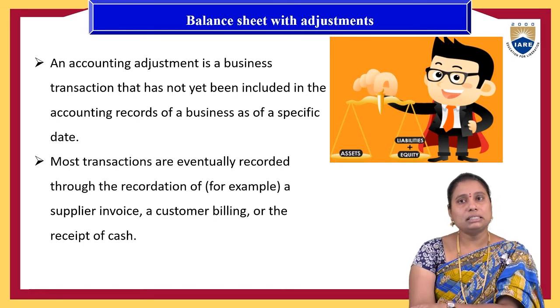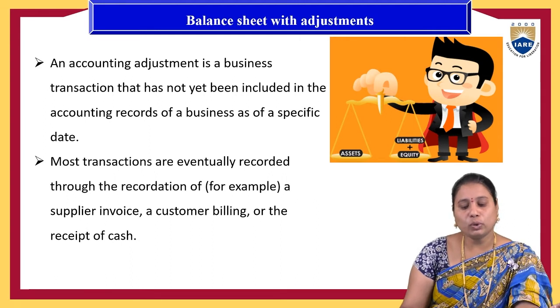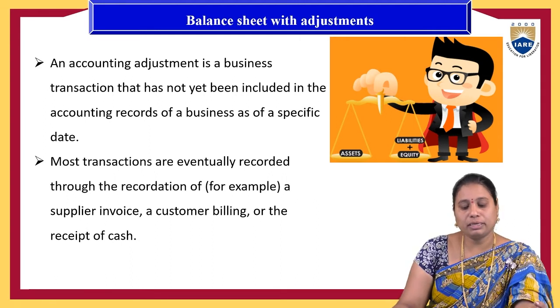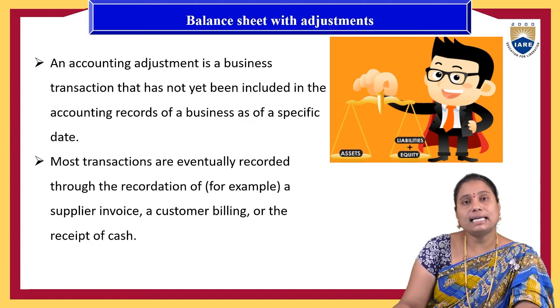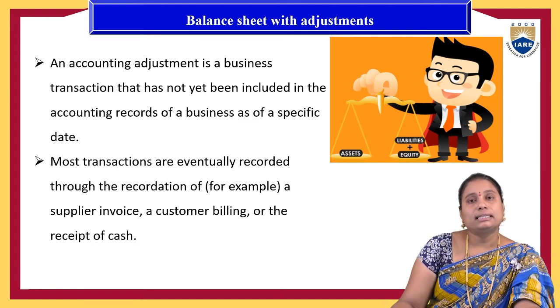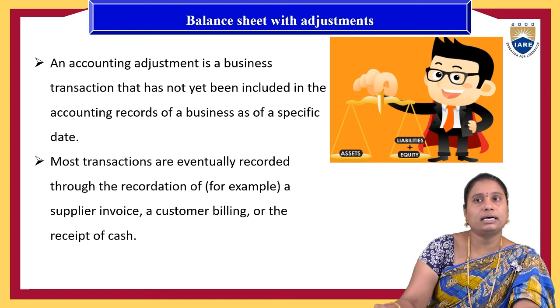So most of the transactions are recorded through invoices, customer bills, or the cashier's receipts. If any unrealized transactions were done after the time period, then they have to be treated as adjustments.